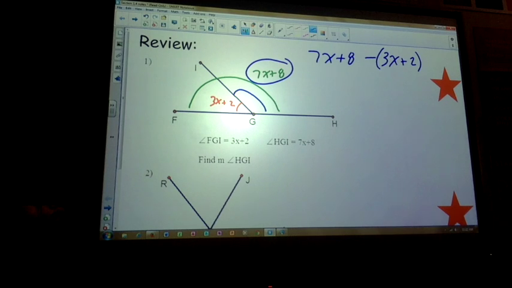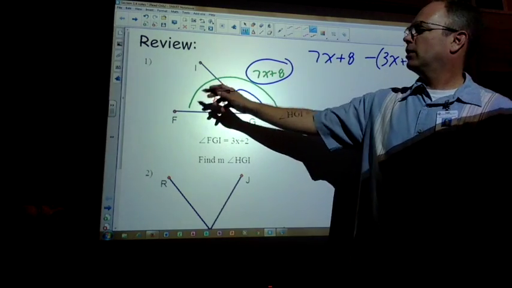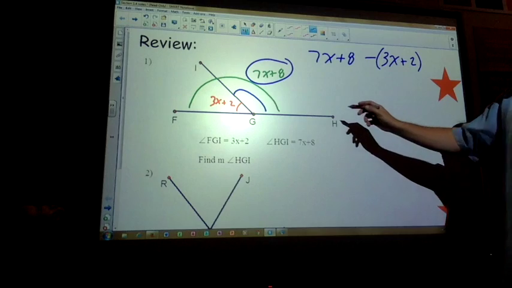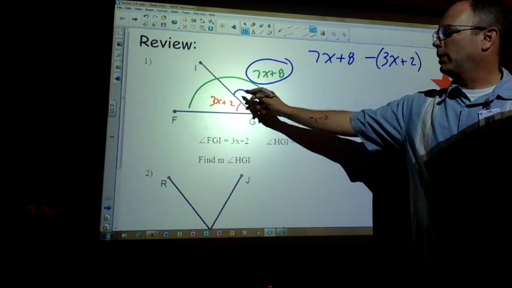Wait, why are you subtracting? Because the whole angle is this. Yeah, I know, but you're subtracting it from that angle. Right. And that'll allow me to get this blue angle.